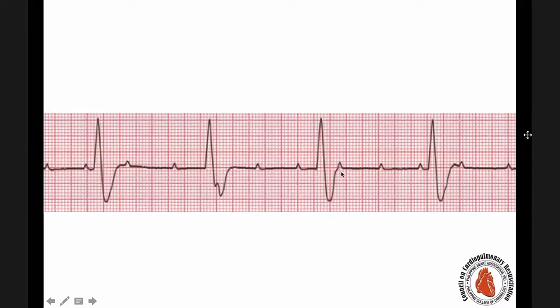P, P, P, P, P, P, P. Parang regularly occurring, no? And then, if you look at the R to R interval, also regularly occurring, then think of it as the ventricles are contracting regularly, and then the SA node is also firing regularly, but they are completely dissociated. This is third degree AV block. Okay? I hope natulungan kayo.